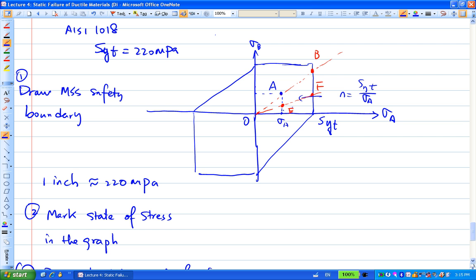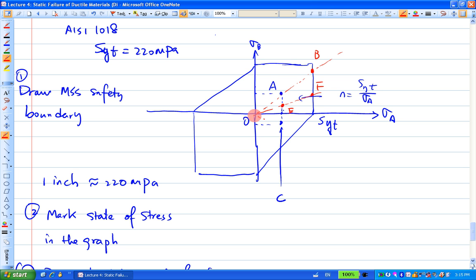So right now, where are we? We are not in this quadrant anymore. We are somewhere here, with the same magnitude, at this location. Let's call that the C location. Now this is the state of stress according to the sigma A, sigma B values. If I want to calculate the safety factor, we do the same thing.